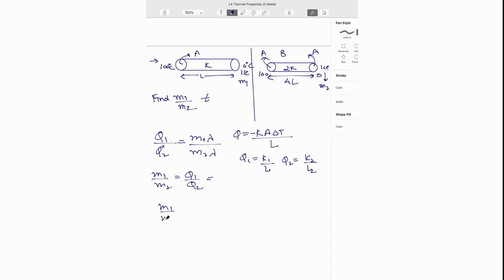So M1 by M2 comes out to be K1 by L1 into L2 by K2. We know K1 is equal to K, K2 is equal to 2K, L2 is equal to 4L, and L1 is L. So that comes out to be 2L over L. So M1 divided by M2 comes out to be, it's not L, it's just 2. The correct answer is M1 divided by M2 is 2.